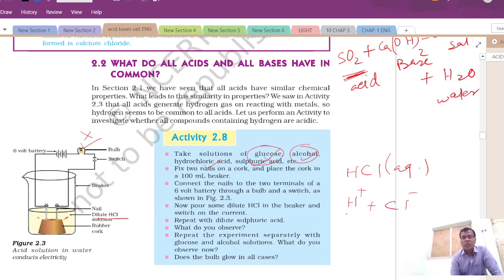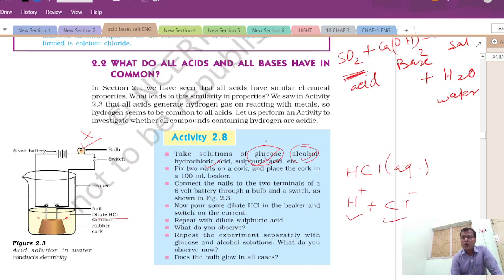And you know, for the flow of electricity, ions have to flow. The positive ion, H plus, flows towards the cathode, and the negative ion, that means chloride ion, flows towards the anode. In this way the solution is said to be a good conductor of electricity.